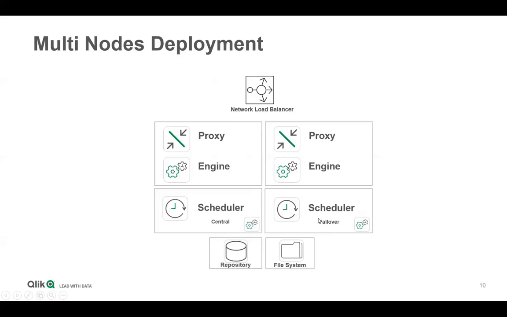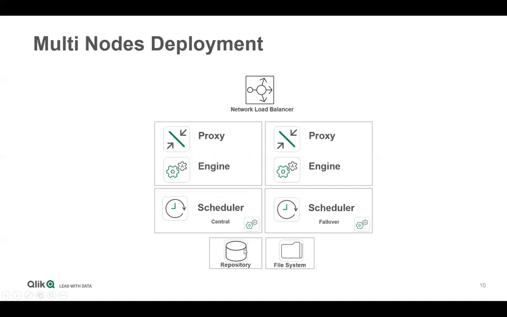So with this architecture, we make sure we have central node failover. We also have 2 scheduler nodes to share the task reload. So this also creates high availability and better performance.